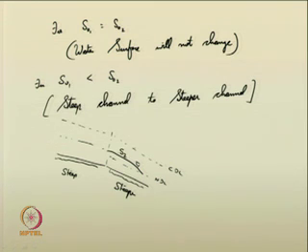This is the only profile that is possible when a steep channel is followed by a steeper channel. Okay. So, S2 is the only profile possible. All other things are theoretically not possible. You can verify yourself.